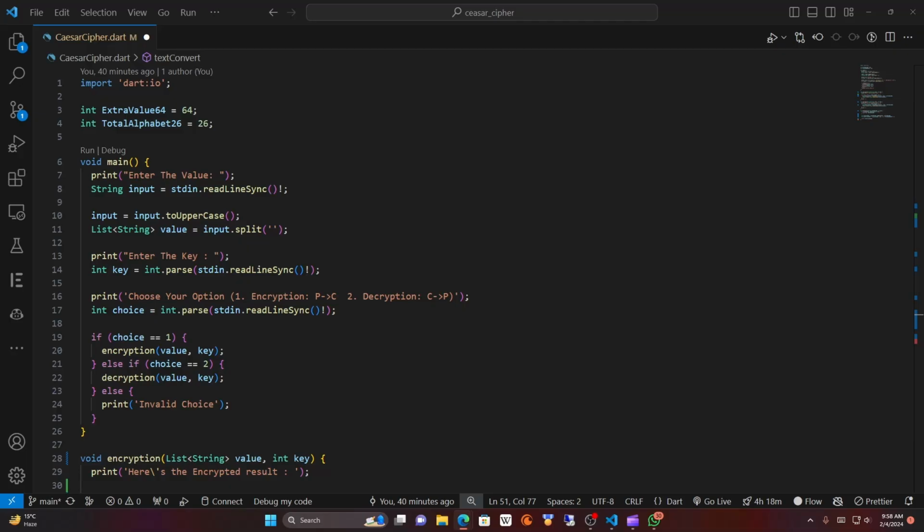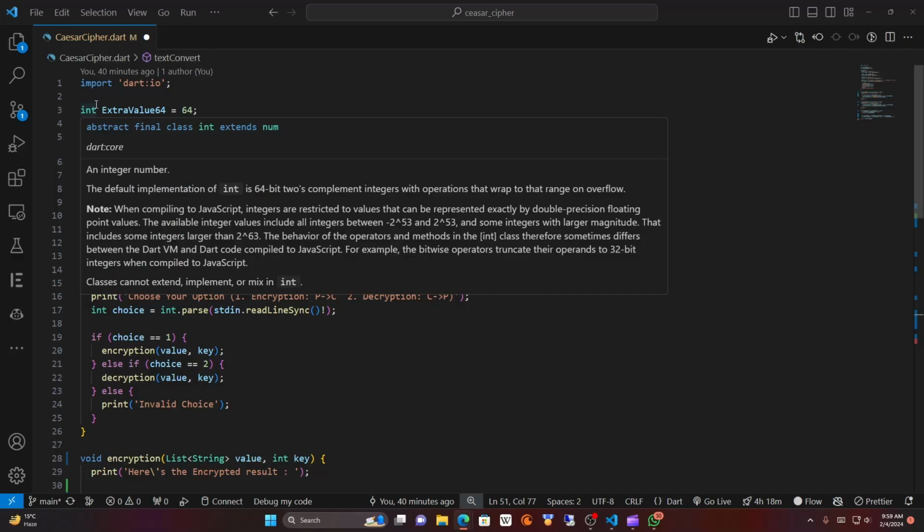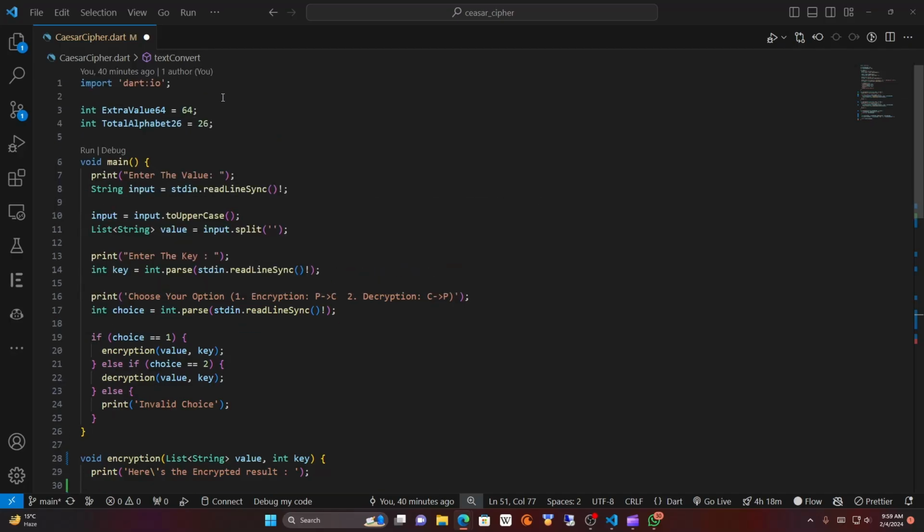Okay, let's start by looking at the core of our Dart code. This script is designed to perform Caesar cipher encryption and decryption based on user input. Starting off, we import the Dart IO library for handling input and output operations, and then we declare extra value 64 and total alphabet 26, representing the ASCII offset of uppercase letters and the total number of letters in the alphabet.